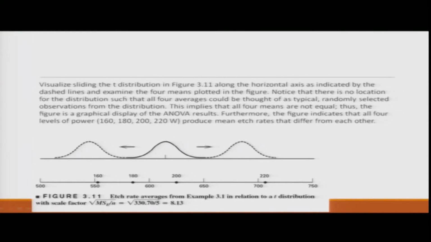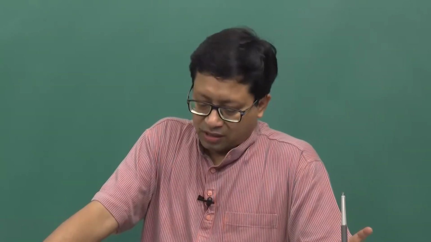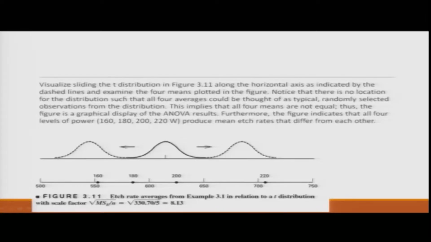This implies that all 4 means are obviously not equal, but it also means you can do a visual test very simply, being careful whether the variability is increasing, decreasing or constant. Thus, the figure is a graphical display of the ANOVA results.